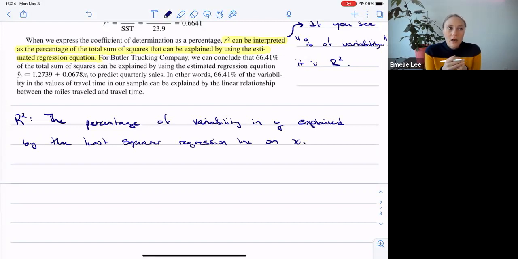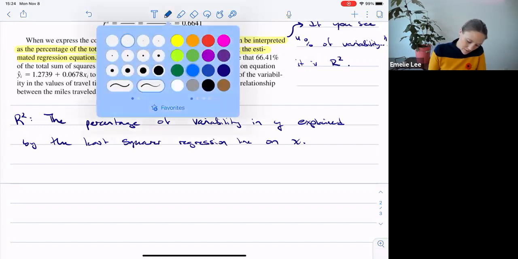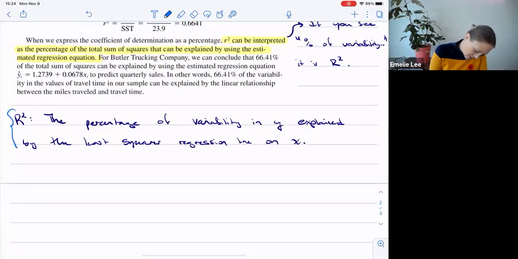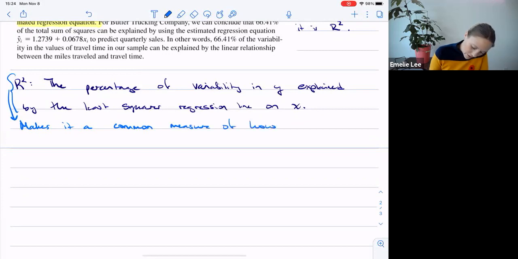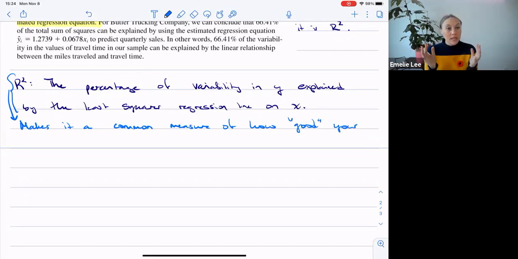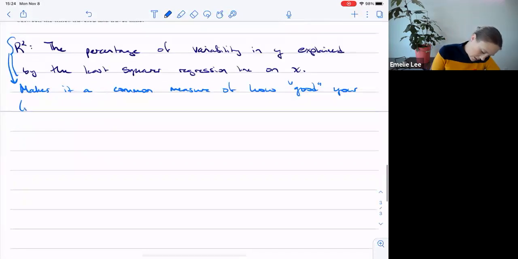And that's what makes it a really common measure of how good, and I'm going to put in brackets here because it has to be a linear model, your linear model fits the data.